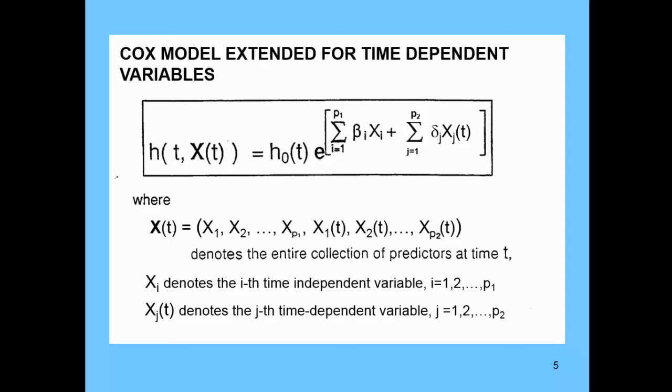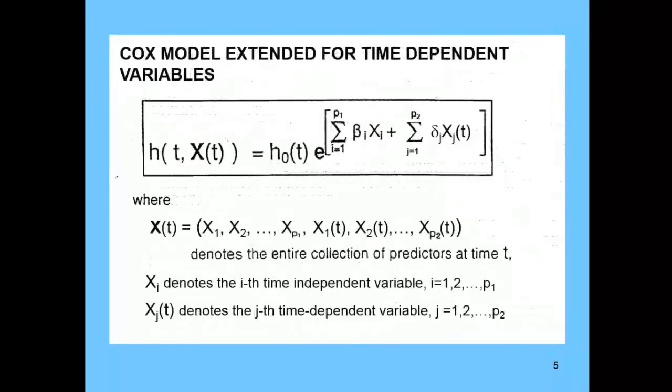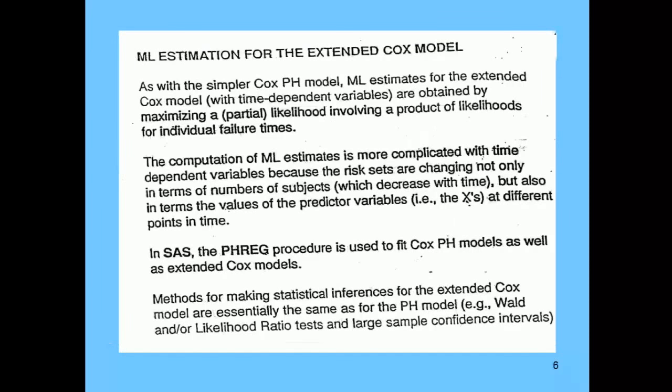Now let's look a little further into this thing. Well, first thing is, how do you fit this model? What the answer is, and all I say on this slide is, you use a program that does maximum likelihood estimation. That's how you fit it. And the program, if you're using SAS, is PHREG. So that's the program that will fit a Cox proportional hazards model and an extended Cox model.